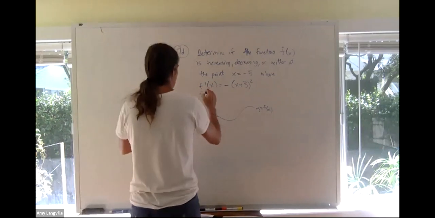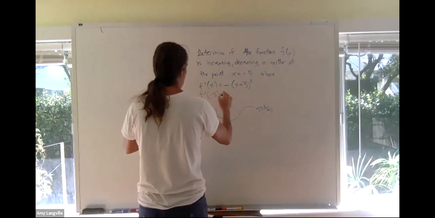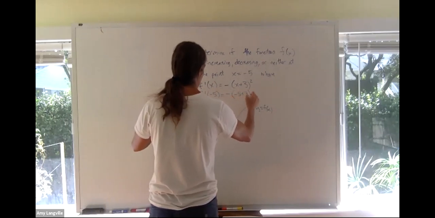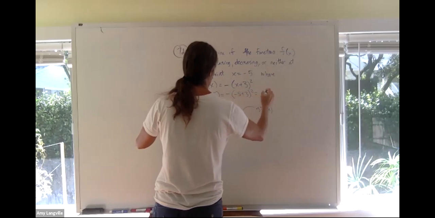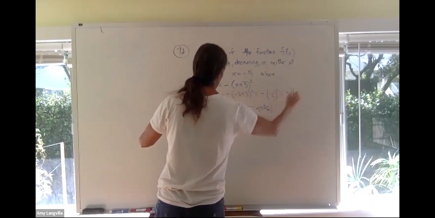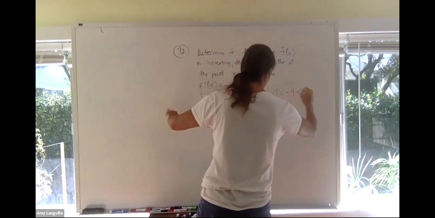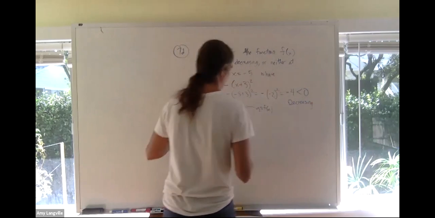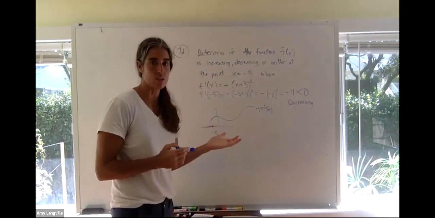So f prime of -5 is going to be negative of -5 plus 3 squared, which is a negative -2 squared, which is -4, which is less than 0. So that means at x equals -5, your function is decreasing there.